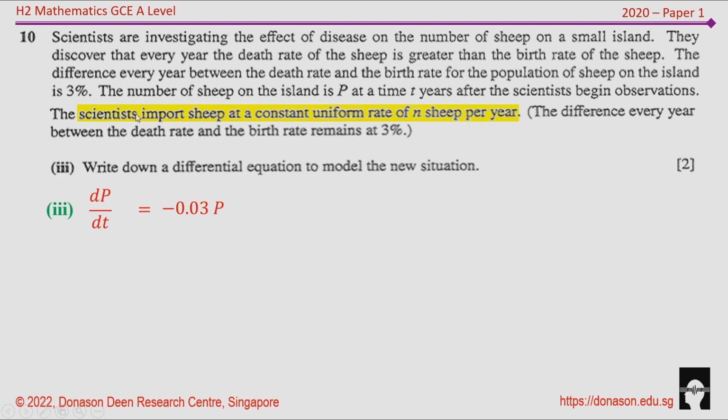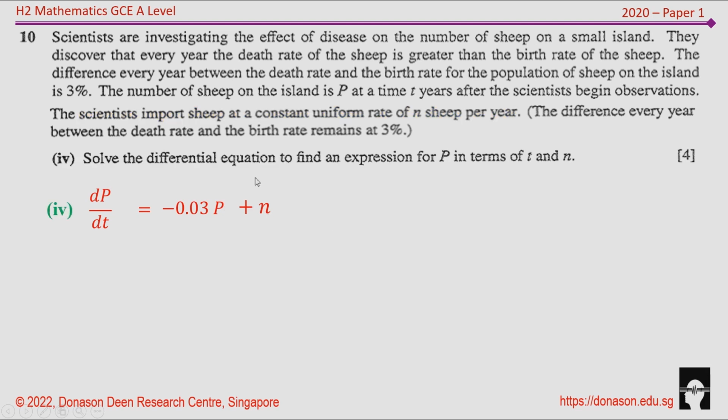Now the scientists are importing sheep at a uniform rate of n sheep per year. They're going to keep adding n sheep per year. So that's why you have to add n, because though it is declining at this rate, we are going to keep adding n sheep every year. So your new dp/dt is going to be negative 0.03p plus n.